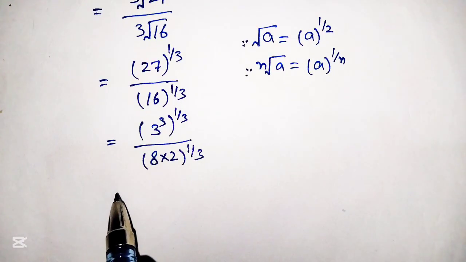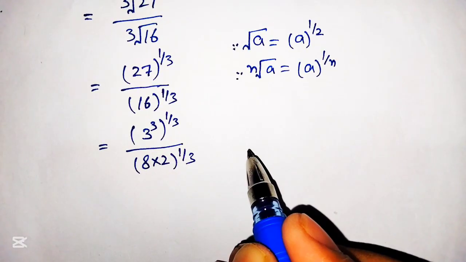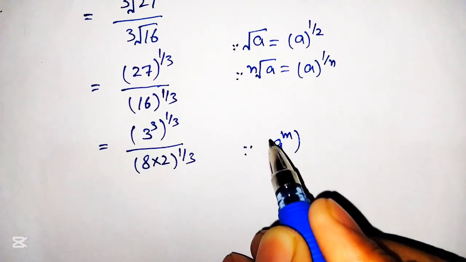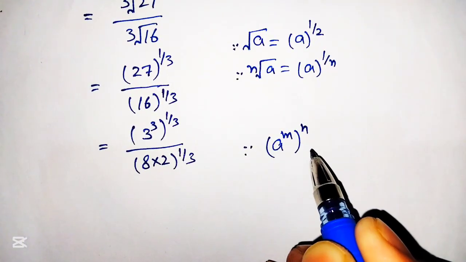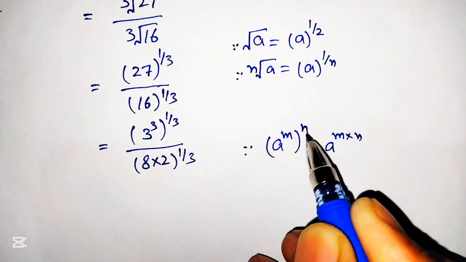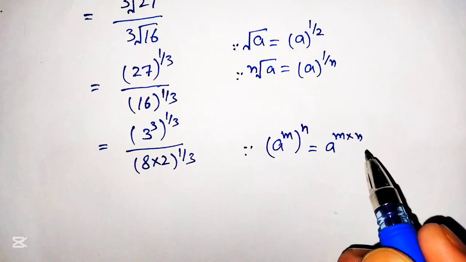Now the powers will be multiplied according to the formula: if we have a raised to power m and whole raised to power n, then we can write it as a raised to power m times n, that is both their powers will be multiplied.